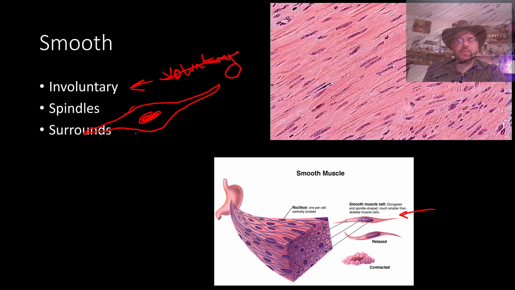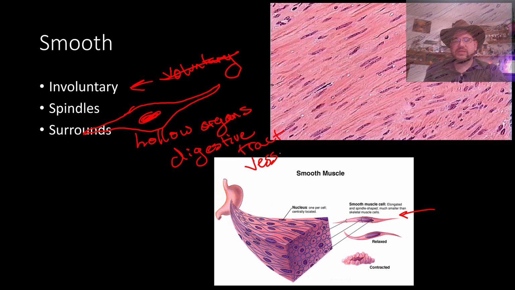And as I said, they surround hollow organs, like everything in your digestive tract, all the organs of your digestive tract, as well as your blood vessels. There are layers of smooth muscle in those organs or structures.